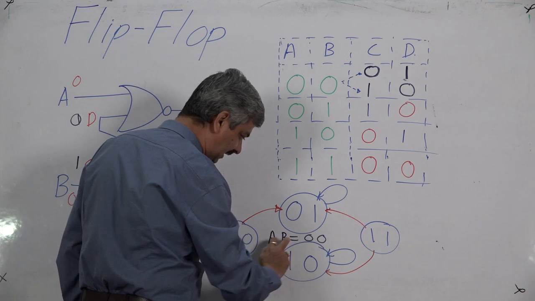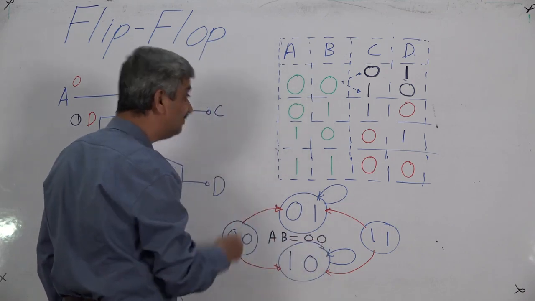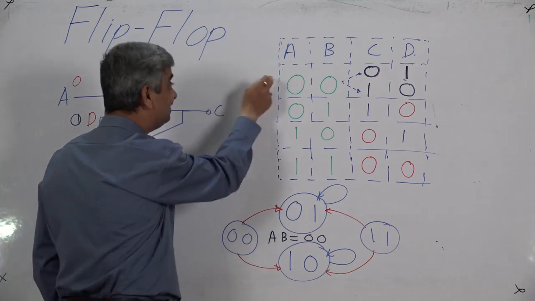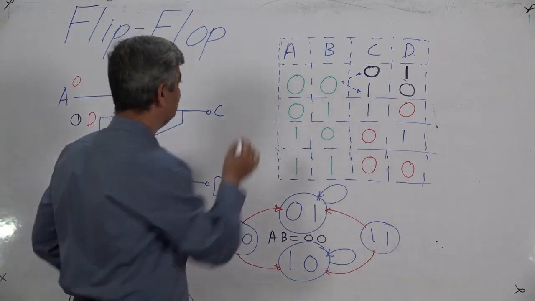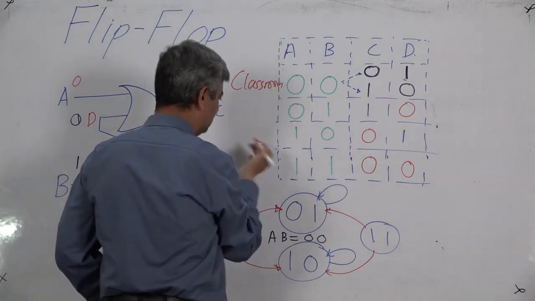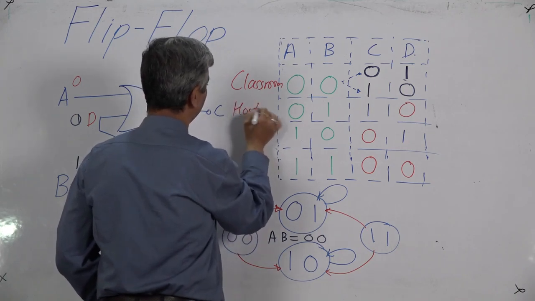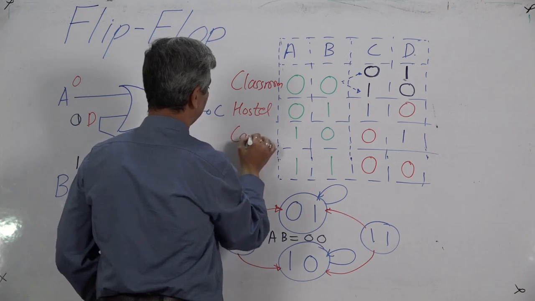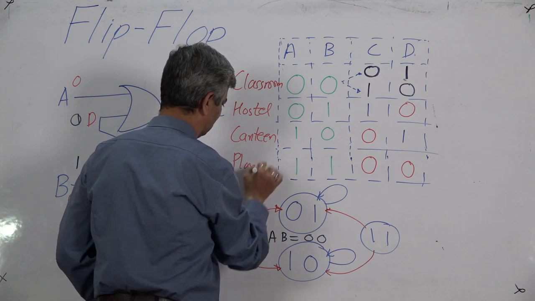So AB equal to 0, 0 can come from, I am giving a simple example, this is the classroom. Let us say this is the hostel room, this is the canteen, and this is a very simple example I am taking.